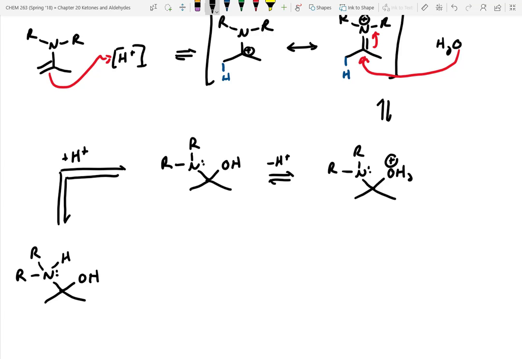Okay. And in the next step, you can show this oxygen. Oops, sorry, there's no lone pair there. That should be a positive charge. And in your next step, once that's protonated, you can kick it off.